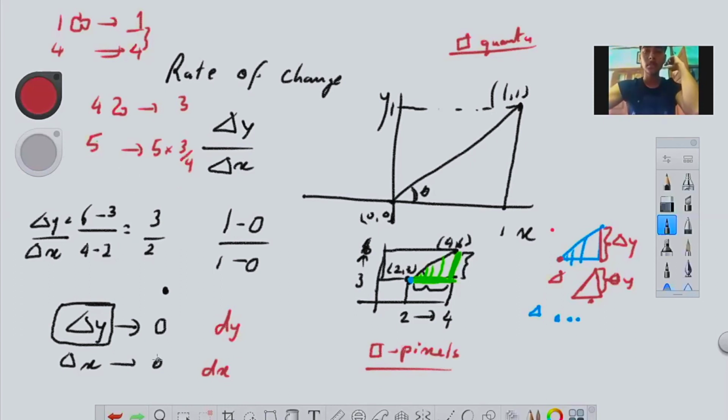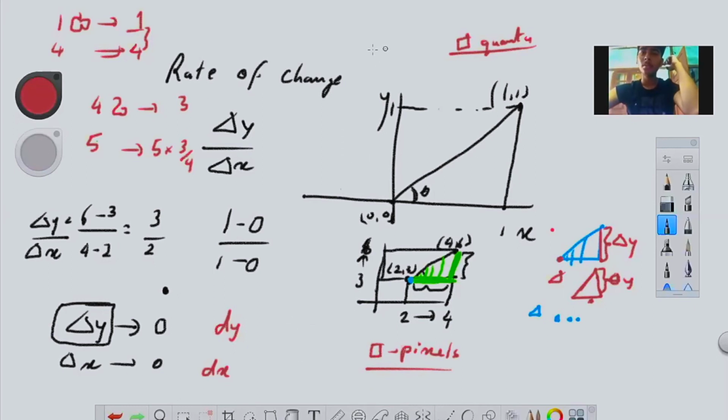So the same thing we do. Rate of change is what? Rate of change is how much y has changed when x changes by 1 unit. So if x is a very small unit, then y becomes larger and larger, isn't it?